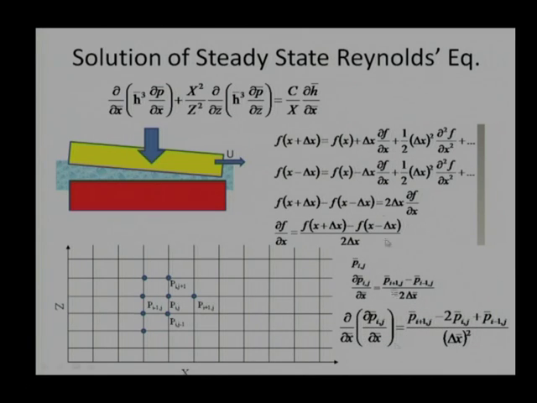For second order, P i plus 1 j minus 2 P i j plus P i minus 1 j. For the gradient in z direction, we write i j plus 1, P i j will remain the same, while for variation with respect to z, we write i comma j minus 1.